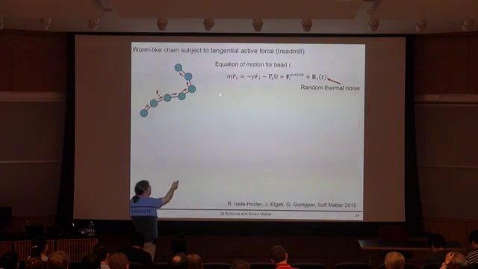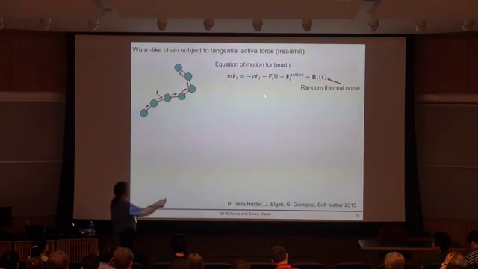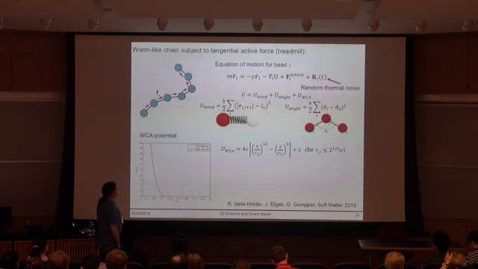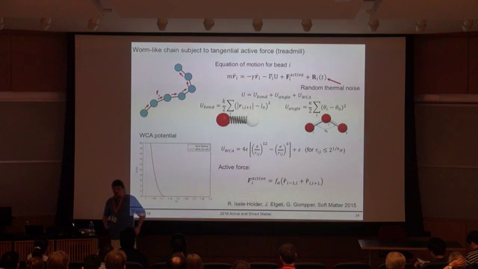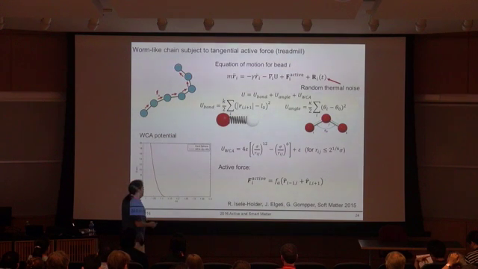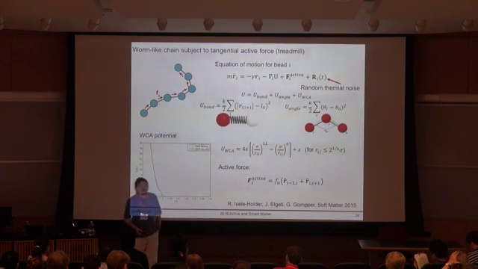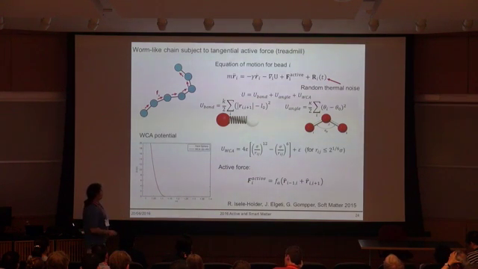This is exactly the same equation of motion, except that now our beads are connected, and our activity is acting tangentially, so it's acting along the bond between the beads. So you have a chain, and the activity is always acting such that it wants to push the chain along its contour.